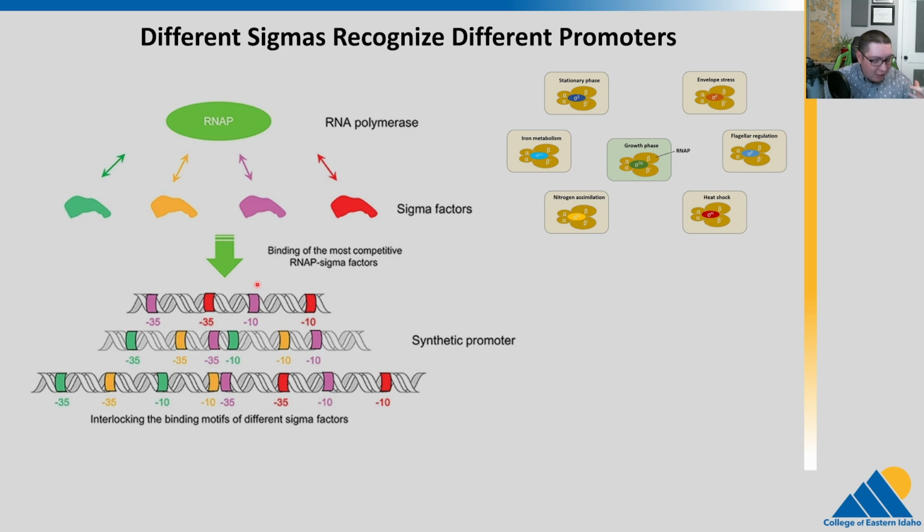And this whole thing, understanding promoters and even manipulating them to make our own promoters, is a burgeoning science, right? That's really cool. You can engineer a bacteria to start making a protein when you tell it to. I think that's super cool. And I will show you an example of that in the lab too. Don't worry. Okay, so sigma factor is part of the RNA polymerase control of transcription.